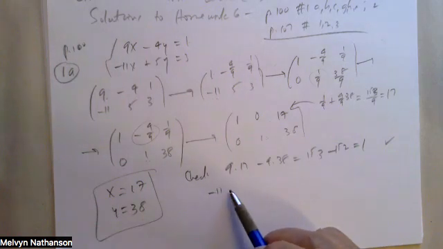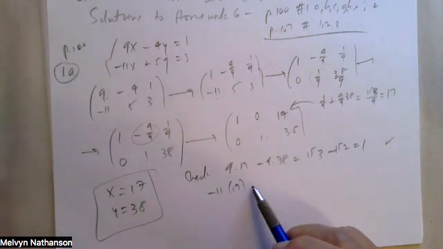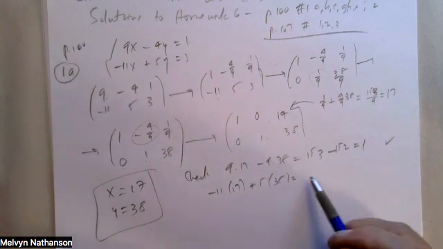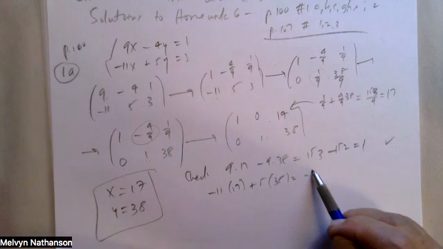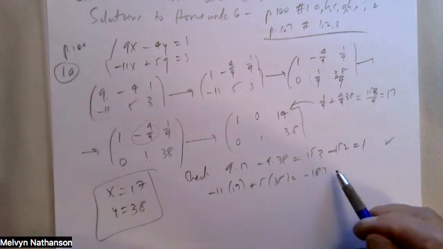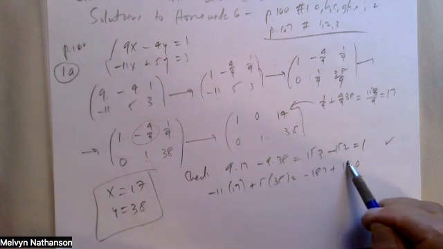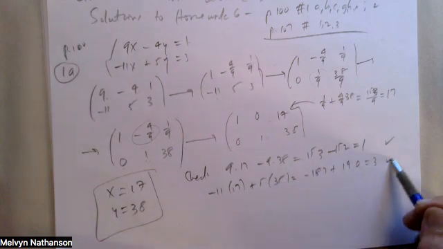The second equation, minus 11x plus 5y: minus 11 times 17 is minus 187. 5 times 38, 5 8s are 40, so 190. That's equal to 3. That also checks. So this is correct.